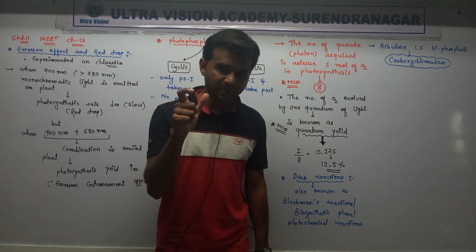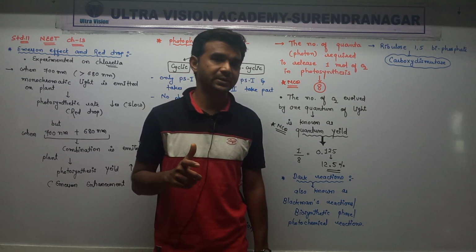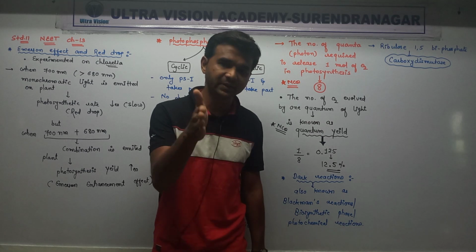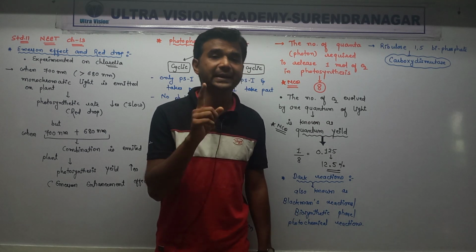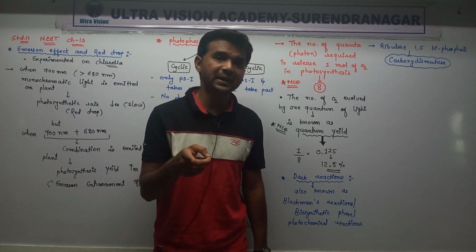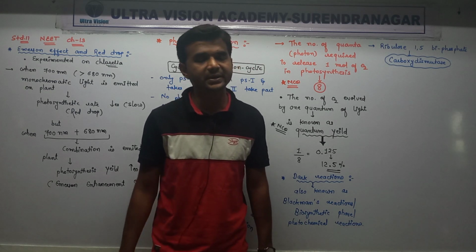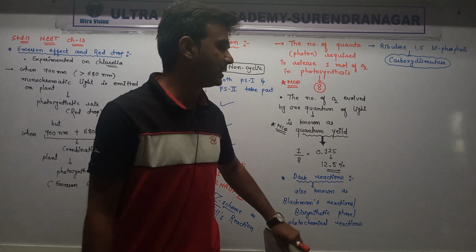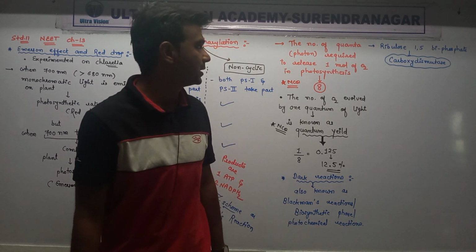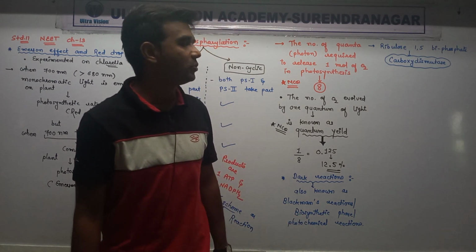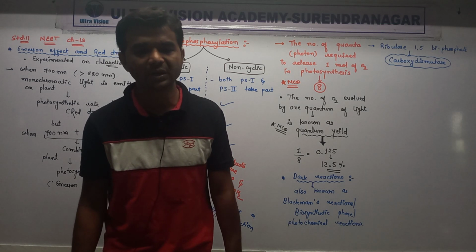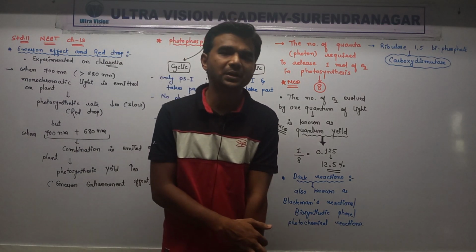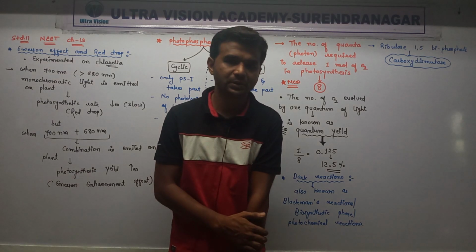So in the optimum light intensity, RuBP binds with CO2 and at that time RuBP carboxylase is activated. So as you know, in the carboxylation phase, ribulose biphosphate RuBP sugar binds with the CO2 and forms a 6 carbon unstable product.